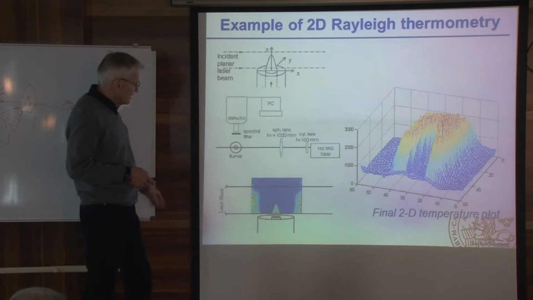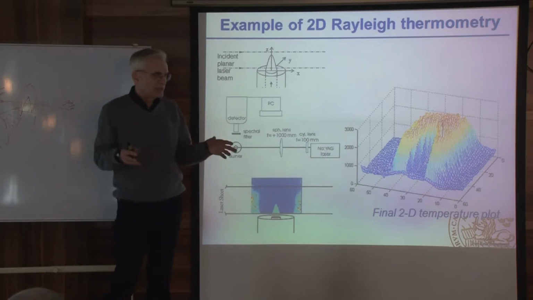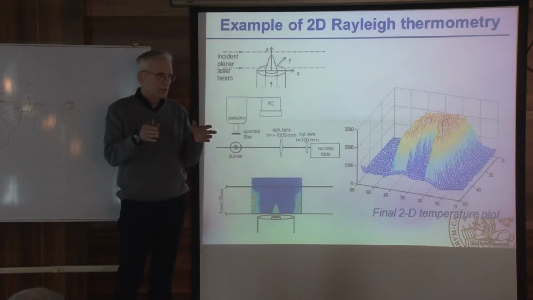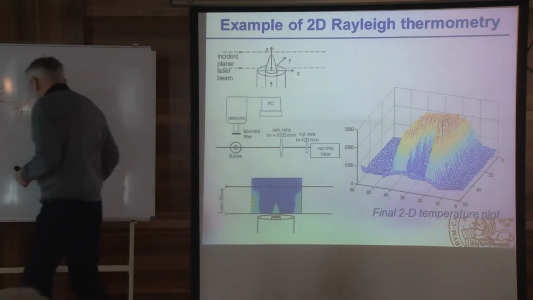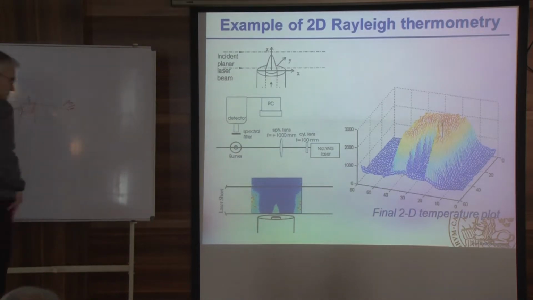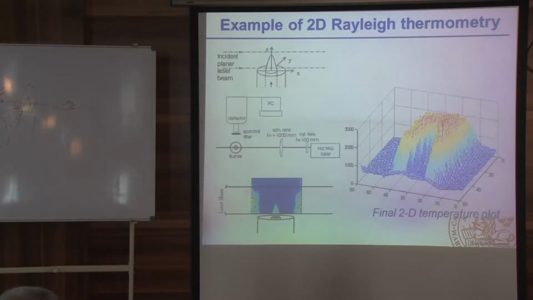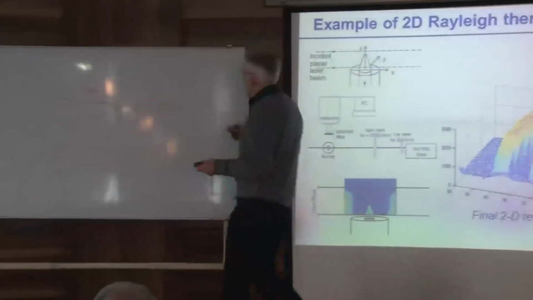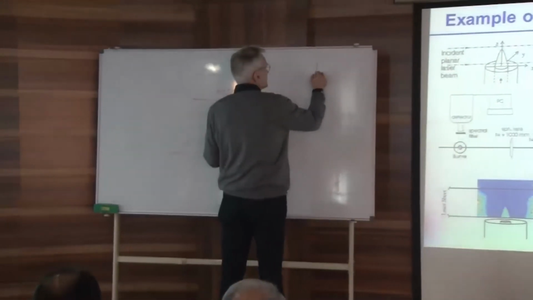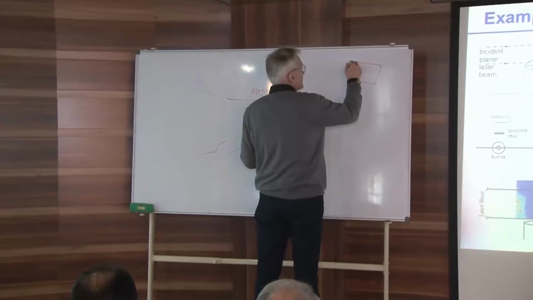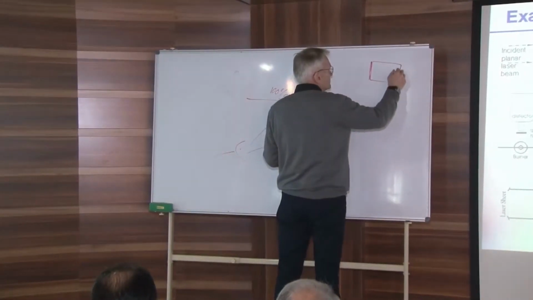Another disadvantage is, of course, if you want to do experiments in engines or gas turbines, you have to go through windows. If this is my engine, here I have a window, right?